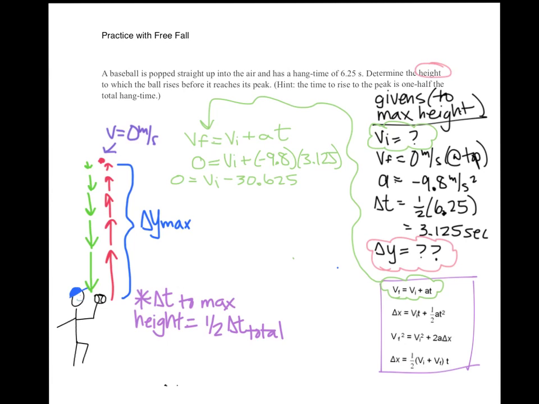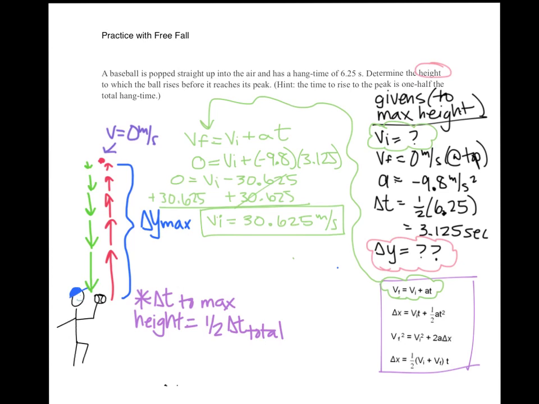And then now it's just algebra. So I multiplied these two here to get 30.625, and it's negative. And then I need to subtract that. And then I'm left with my answer. Initial velocity, or the takeoff speed of this ball, is 30.625 meters per second.